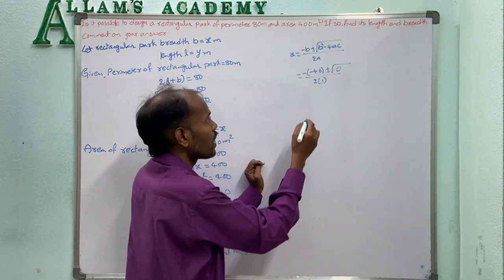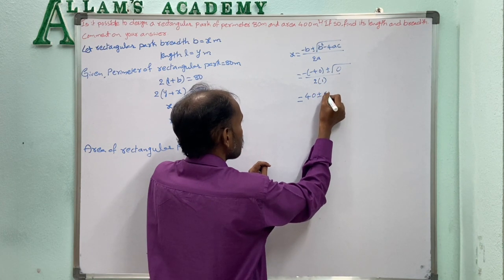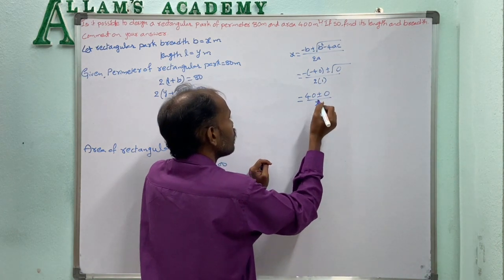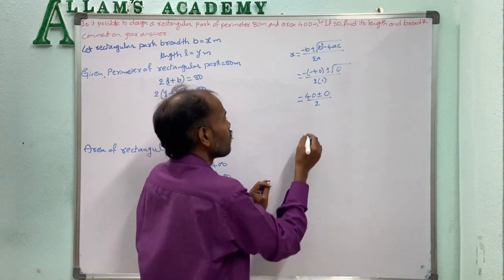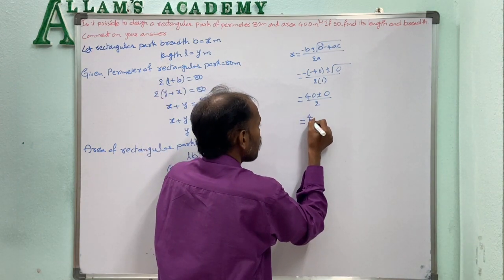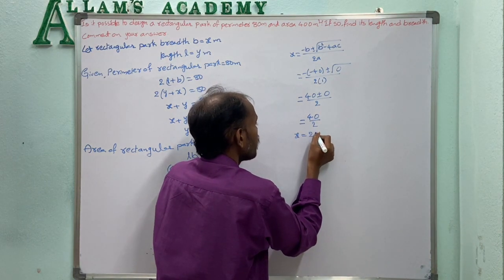Minus of minus 40 is 40, plus root 0 which is 0, by 2. So plus or minus 0, adding or subtracting 0 from 40, we get 40 only. So 40 by 2 is 20.